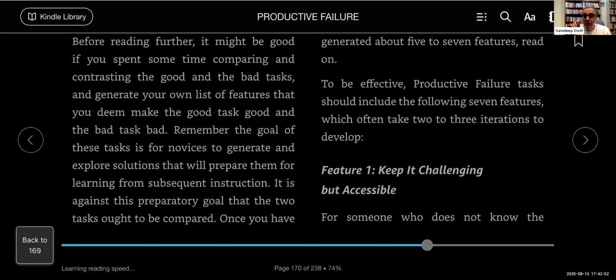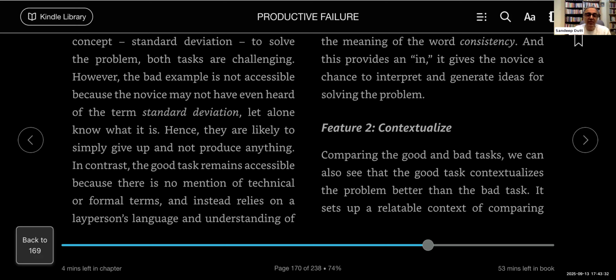Hence, they are likely to simply give up and not produce anything. In contrast, the good task remains accessible because there is no mention of technical or formal terms like specification, relevance, contextual, incremental, facilitation.